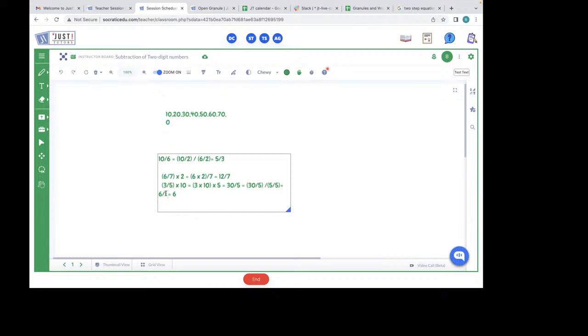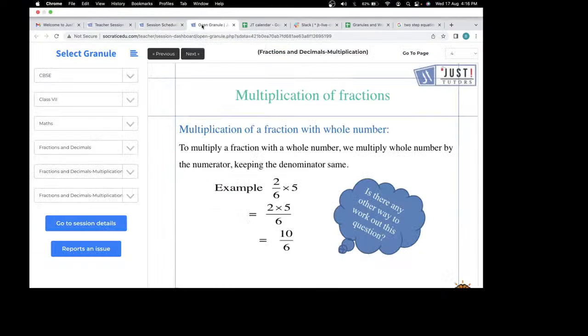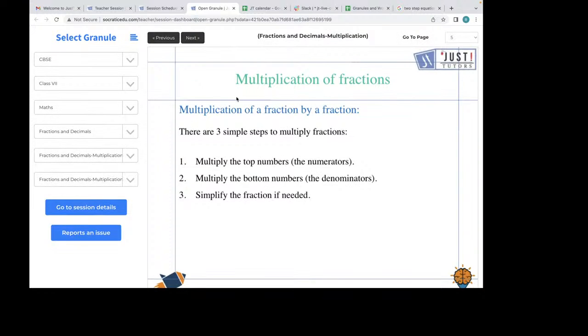You can just skip writing this 1 in the denominator. Alright, so 6 upon 1 is equal to 6. Okay, so it is always good if you get your answer in the simplest form always. Okay, so now let's move on to the next slide.